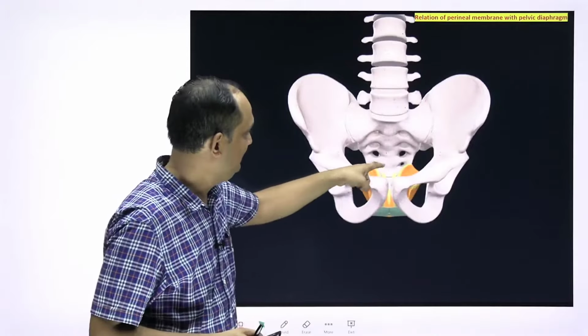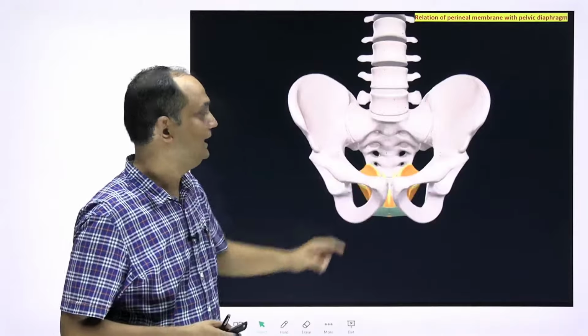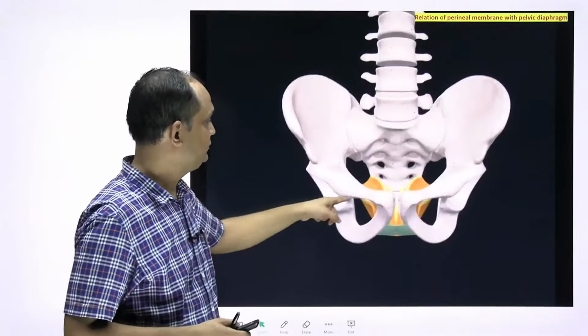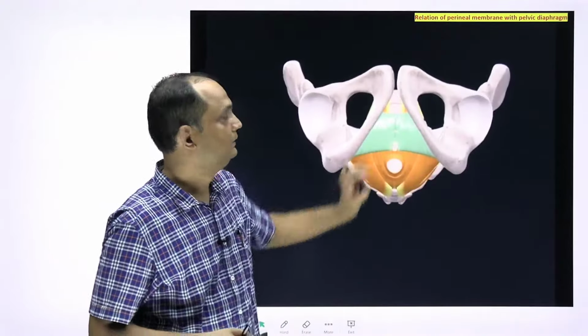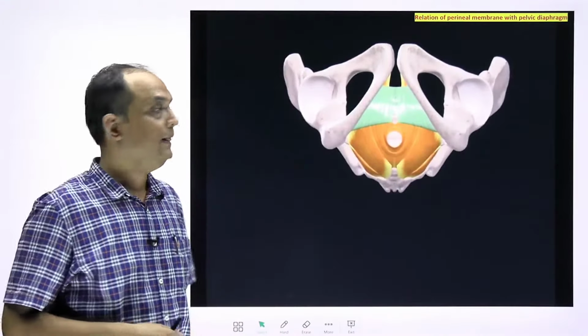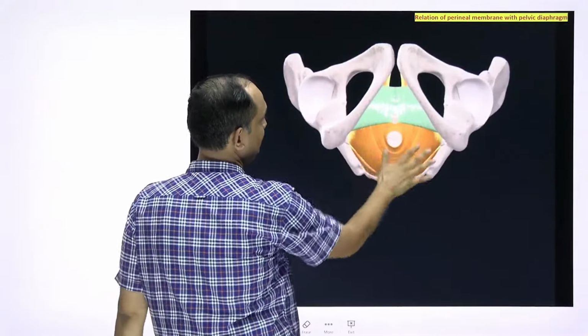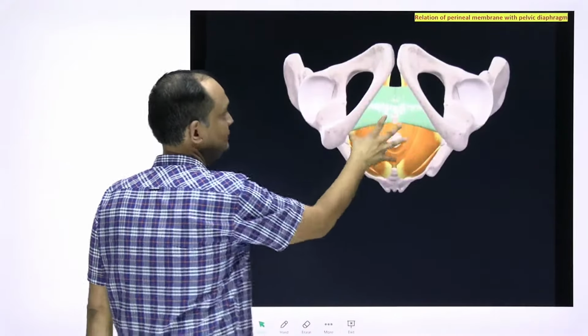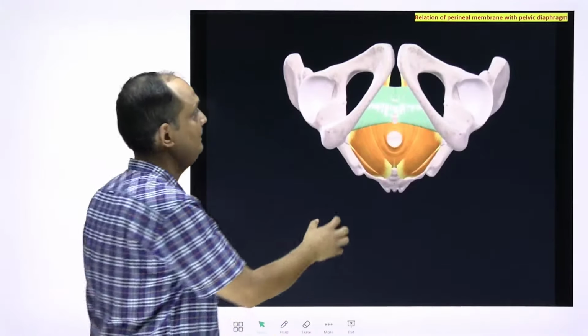The pelvic diaphragm muscles take origin from the posterior side of the sacrum, from the ischial spines, and also from the pubic arch. This cup-shaped or bowl-shaped circular muscle, present like a hammock in the center of the pelvis, is the pelvic diaphragm.